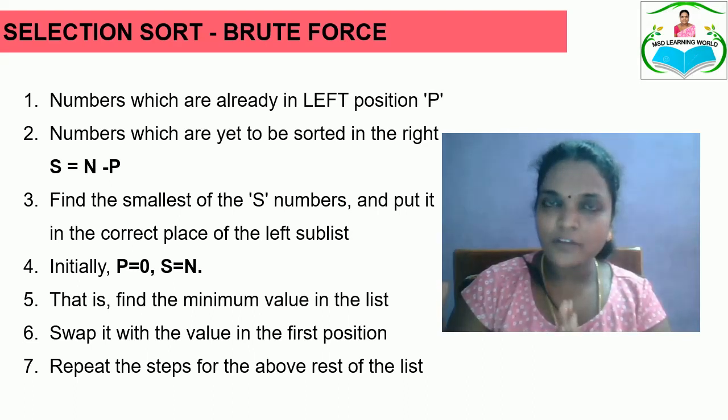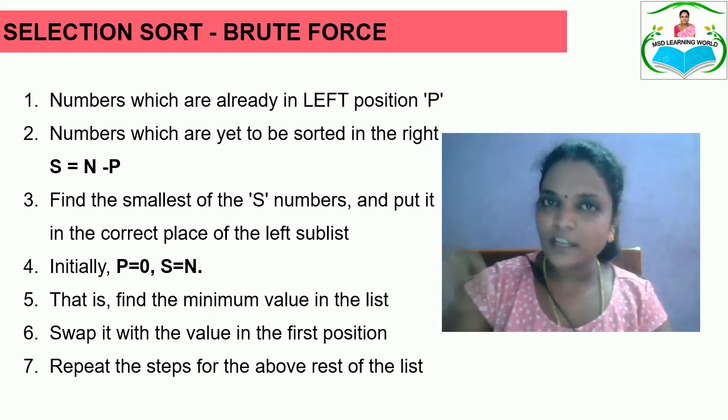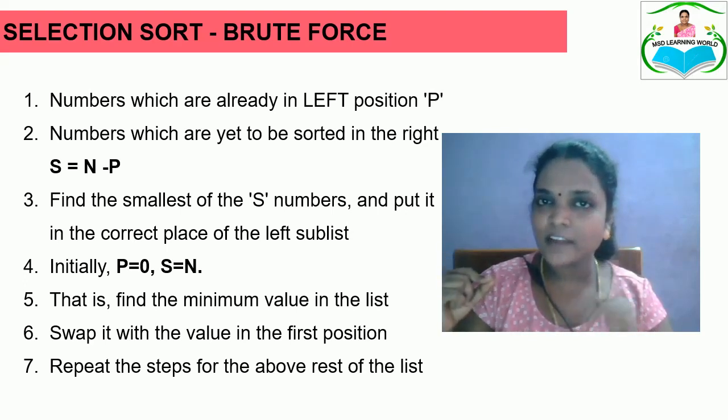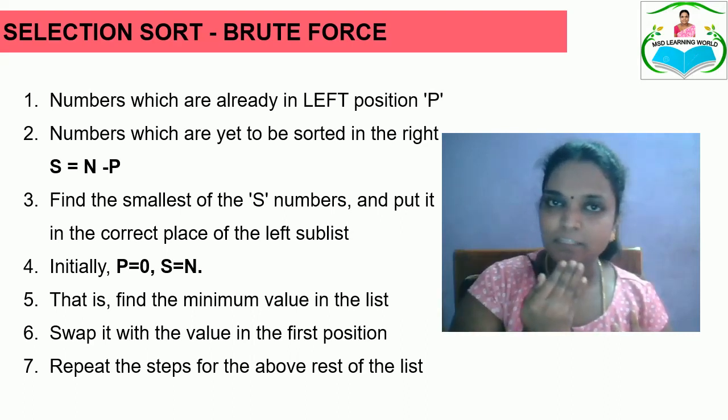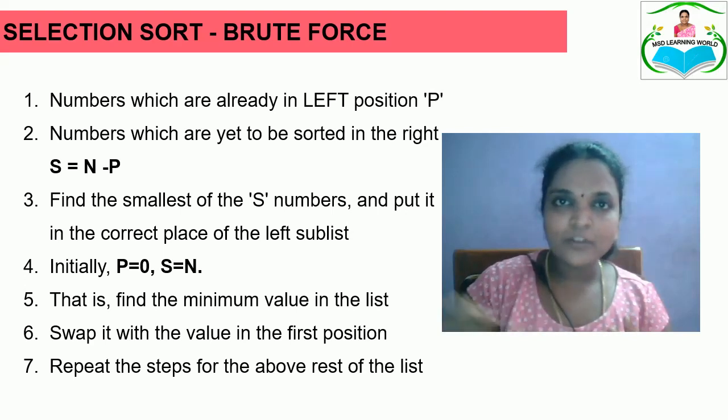Then our process is that we have to select the minimum number from the S list and place it in the exact place in the left list. Now when you place the element in the list P, P is equal to 1 and S is equal to N minus P.